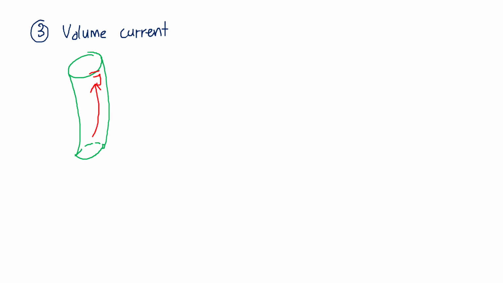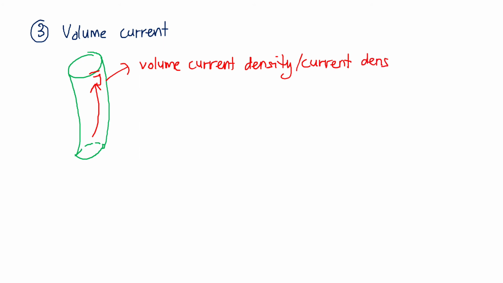Now this J is our volume current density, or current density. That's why it's very important to put S if it is a surface current density as mentioned previously, because J and JS are two different things.